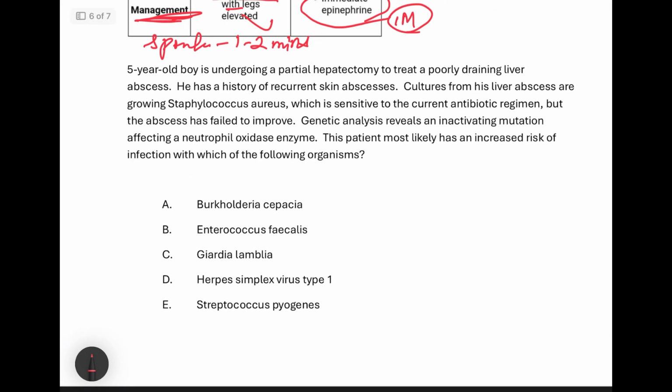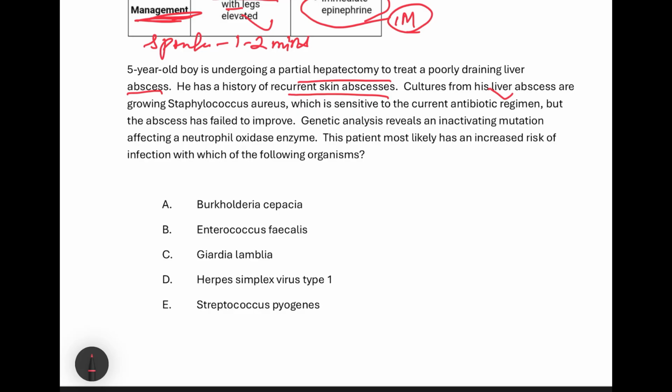Our next question is about a 5-year-old boy. The 5-year-old boy is undergoing a partial hepatectomy to treat a poorly draining liver abscess. He has a history of recurrent skin abscesses.